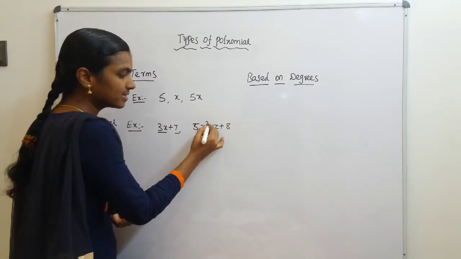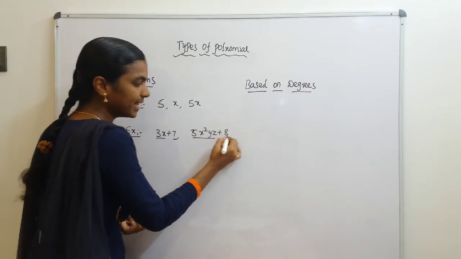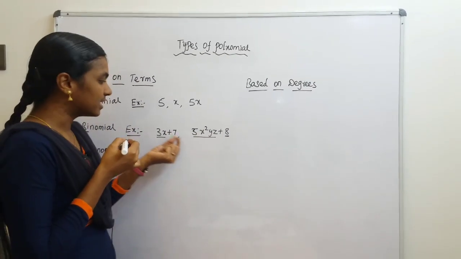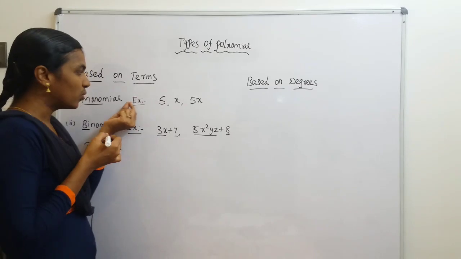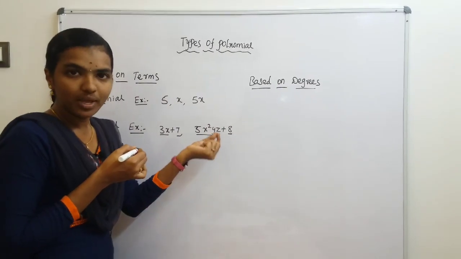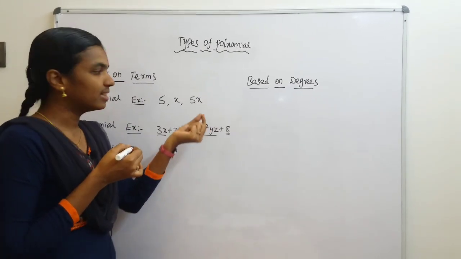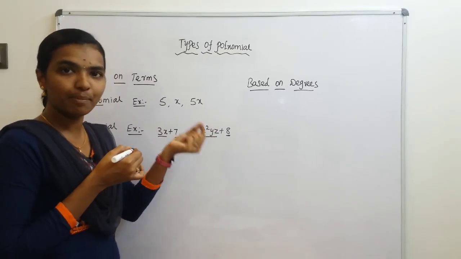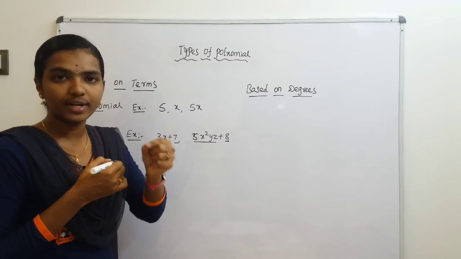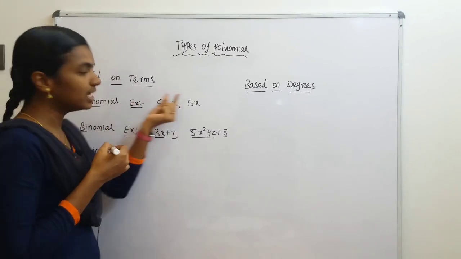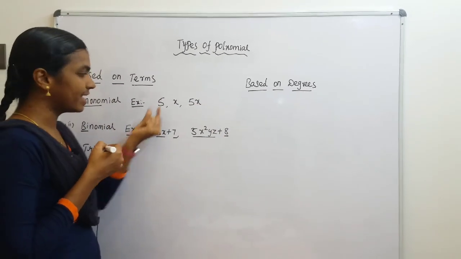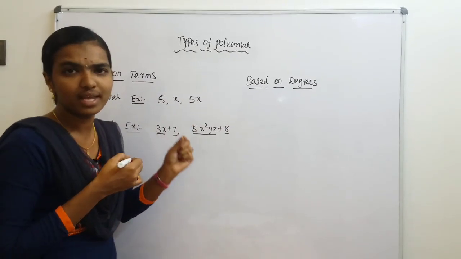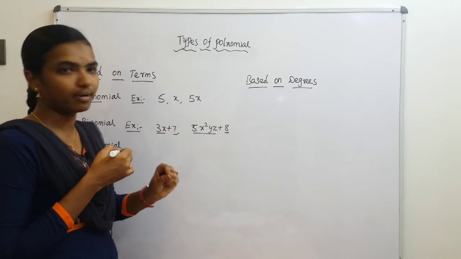Here 5x square yz is one term and 8 is another term. So these are binomials. Each monomial is a polynomial, because the power of the variable is a non-negative integer. It is very important, one mark. Each monomial is a polynomial, and each binomial is also a polynomial, because the power of the variable is a non-negative integral power.